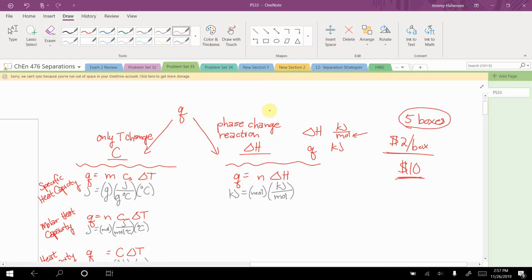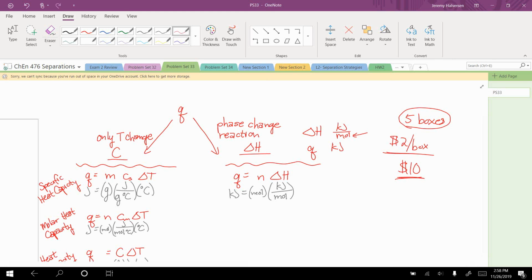So for some process, here we're changing temperature, here we're not changing temperature. For every process, there is a delta H value. If I am burning something, then that process has an enthalpy of combustion. If I just have some reaction, that reaction has a delta H of reaction.